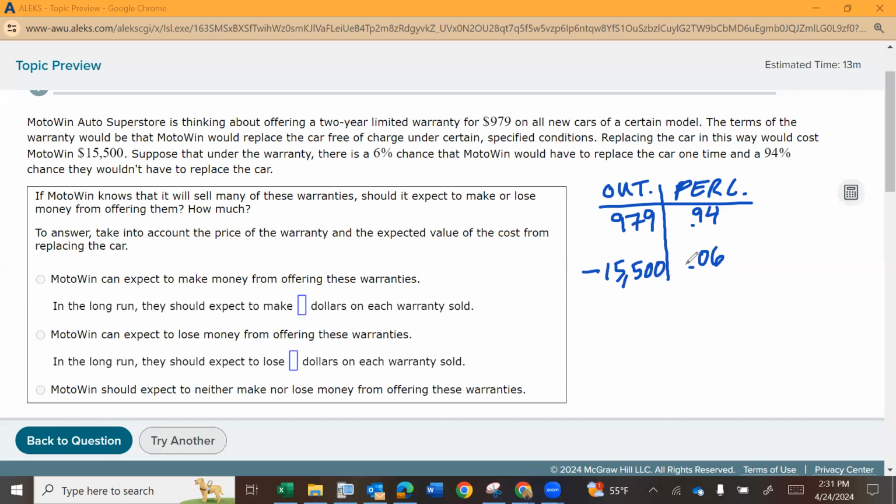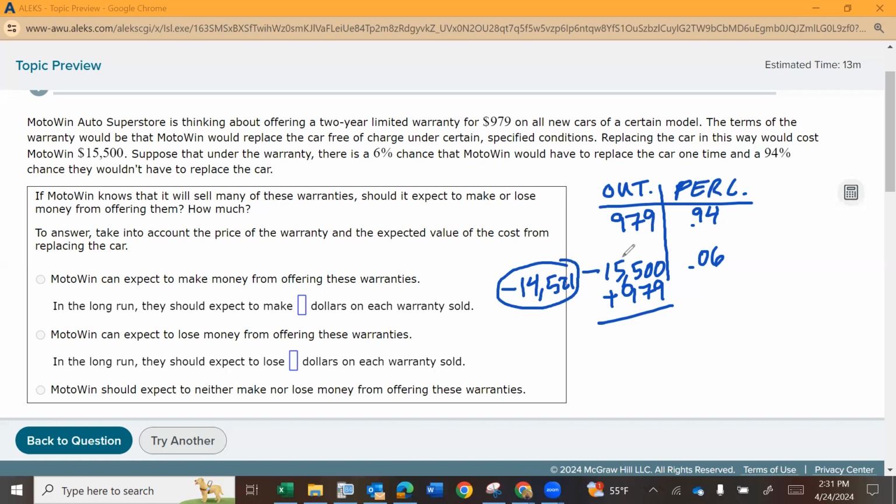Because there is a problem with this number right here. In order for MotoWin to pay out $15,500 for a new car for you, you had to first pay for the warranty. So MotoWin had to gain $979 first. So that 6% is going to be attached to negative 14,521.